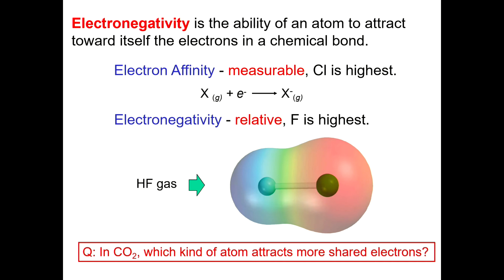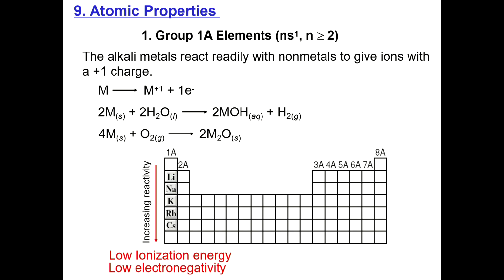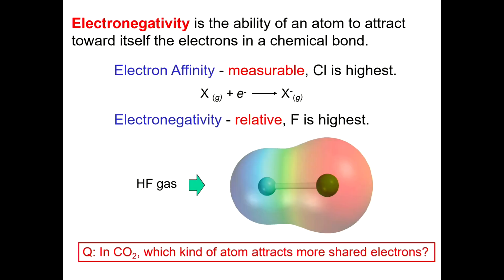Okay, now the question: in carbon dioxide, which kind of atom attracts more shared electrons? Carbon or oxygen? Which one has higher electronegativity?